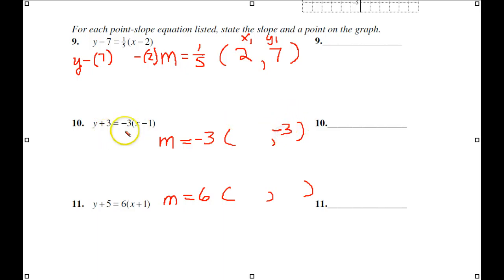Opposite signs. And this is going to be a positive 1. This will be a negative 5. Opposite sign, a negative 1. So if you were to put this information back into your point-slope form, equation number 4, this is what you would get.